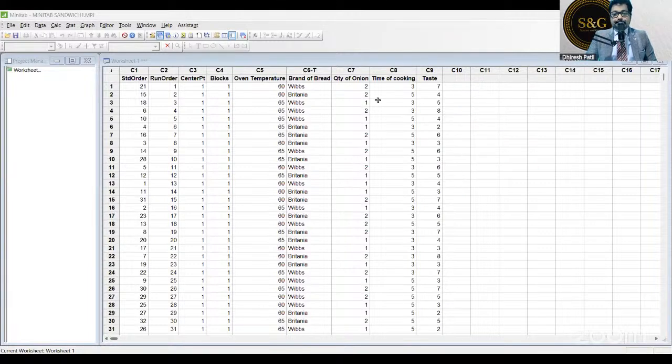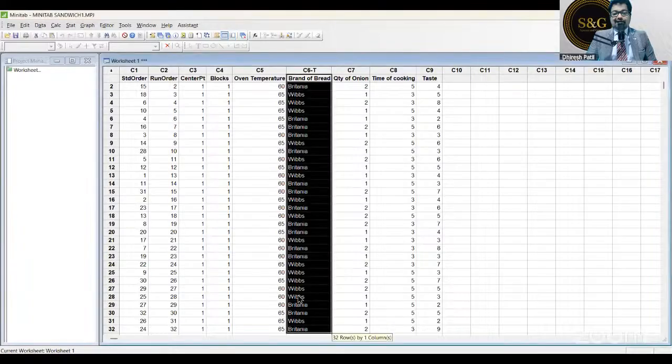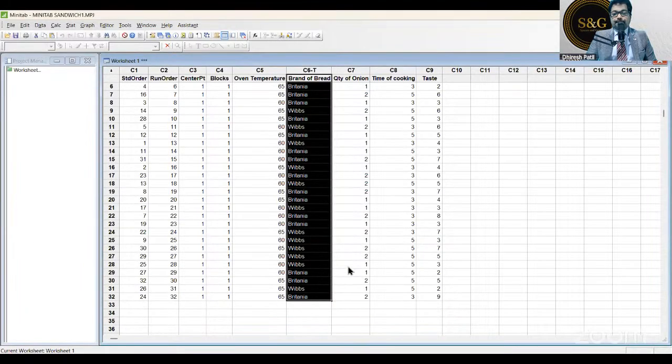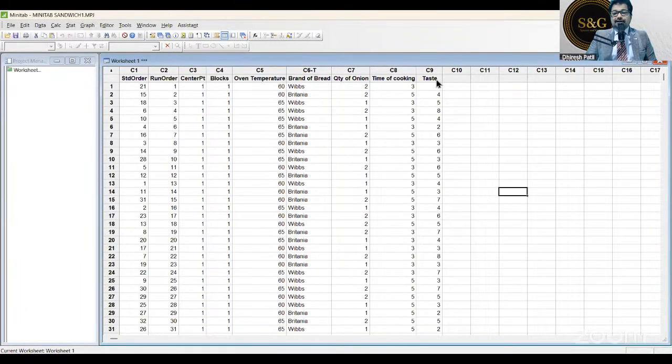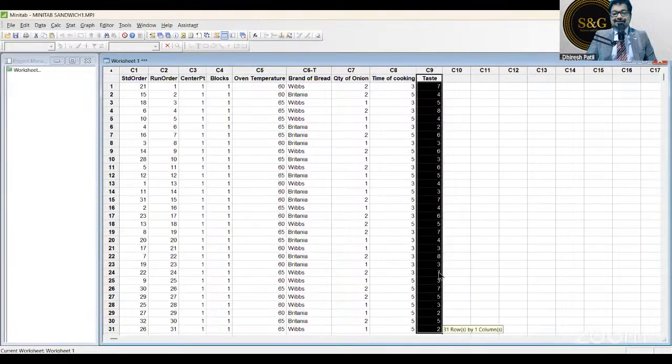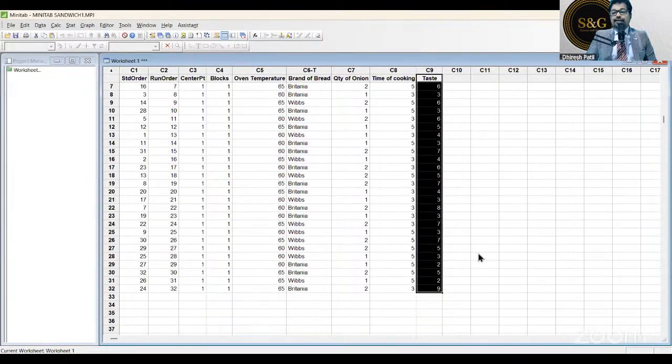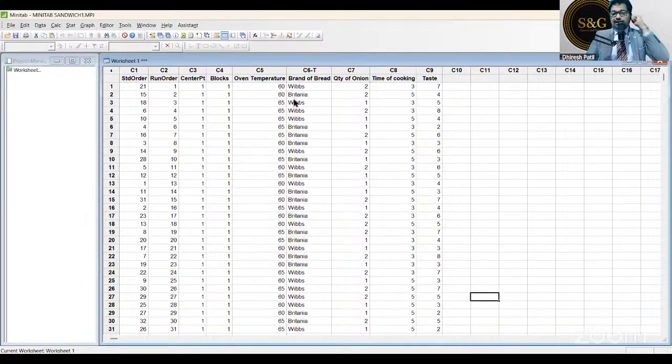So if you see, there are 32 complete runs that have been provided, okay? And with the y, which is the taste, on the scale of 1 to 10, they have given the rating as well. For example, in the first run, they have kept oven temperature at 60, they have taken Ribs, 2 onion pieces, and they cooked it for 3 minutes, and the taste was 7 out of 10.